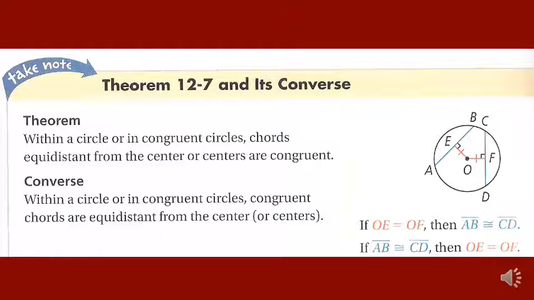First off, it says here, within a circle or congruent circles, chords equidistant from the center or centers are congruent, and congruent chords have to be equidistant from the center. So if you've got 2 chords that are the same distance from the center of a circle, they have to be congruent. And if you've got congruent chords, they've got to be the same distance from the center.